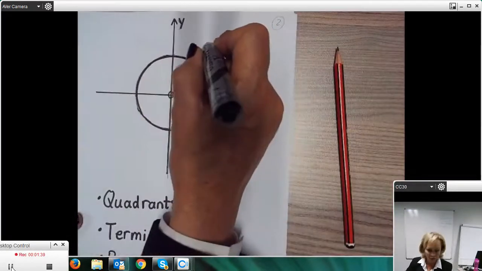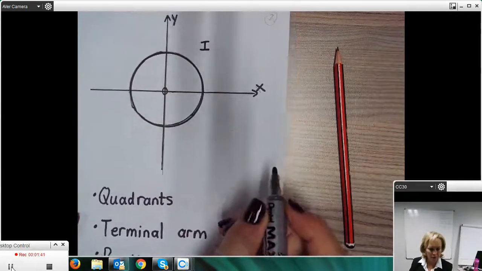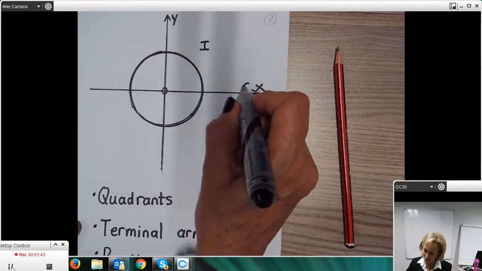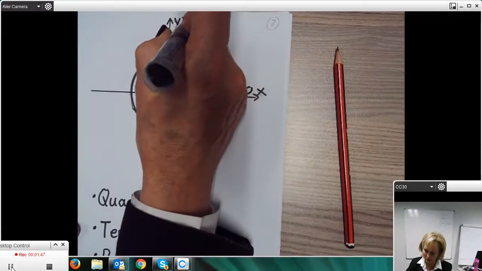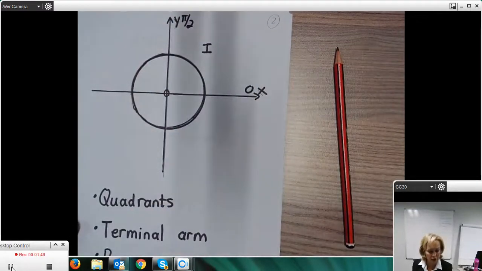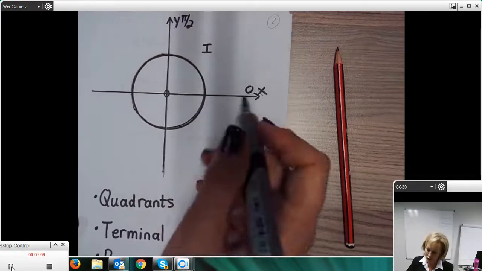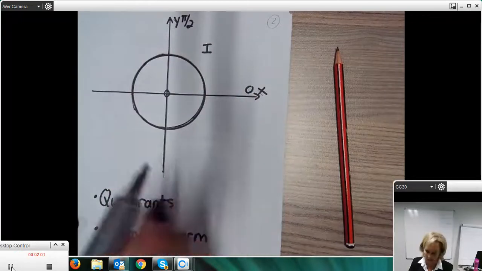So we have quadrant 1, which is specifically for angles between 0 and 90 degrees, or as we're working in radian measure, it's 0 to pi by 2 radians, remembering that pi radians is 180 degrees. So that's quadrant 1. Those are our acute angles.